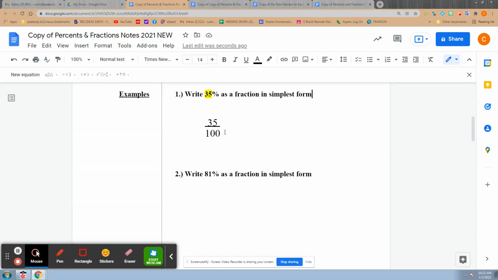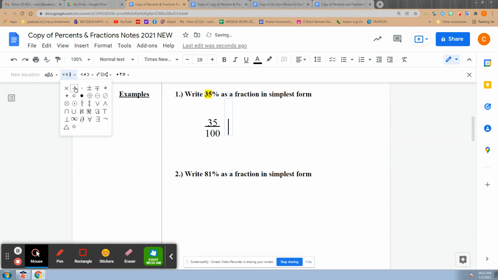This one actually can be simplified. We could divide the top and the bottom by 5. So let me show you. Divided by 5 on top and divided by 5 on the bottom.